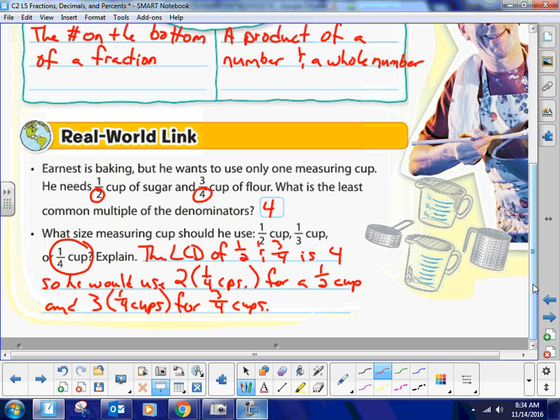Okay, that's the explanation. The least common denominator of 1/2 and 3/4 is 4. So he would use 2 1/4 cups for a half a cup and 3 1/4 cups for 3/4 cups.